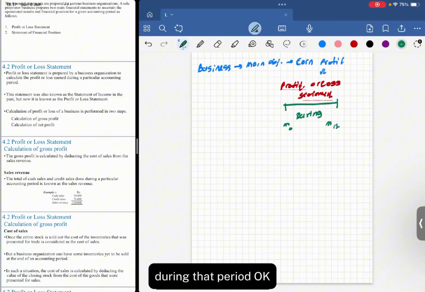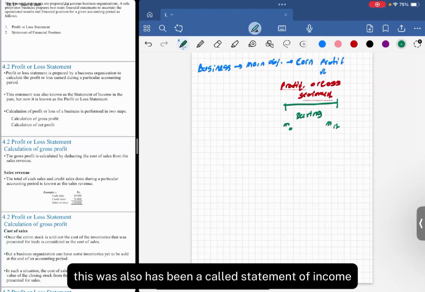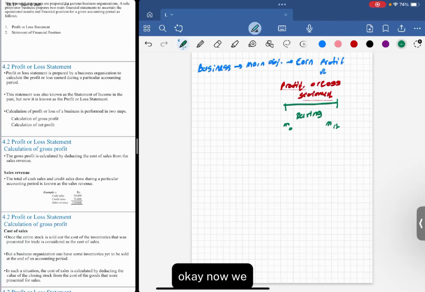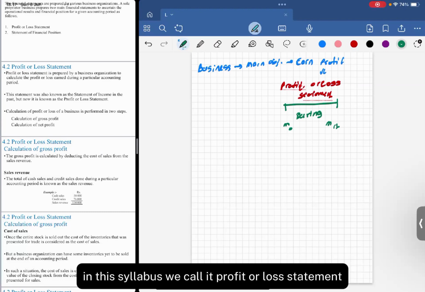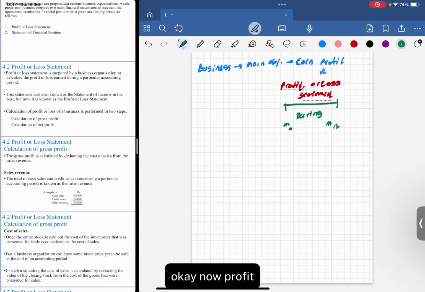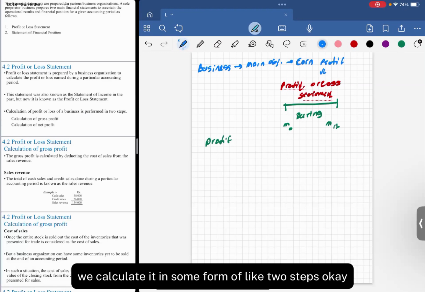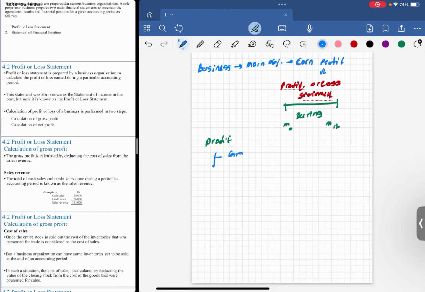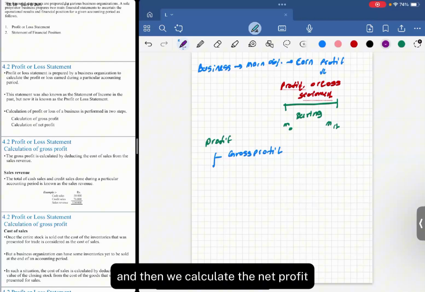Sometime back this was also called statement of income. Now in this syllabus we call it profit or loss statement. Profit, we calculate in two steps. First we calculate the gross profit, and then we calculate the net profit.